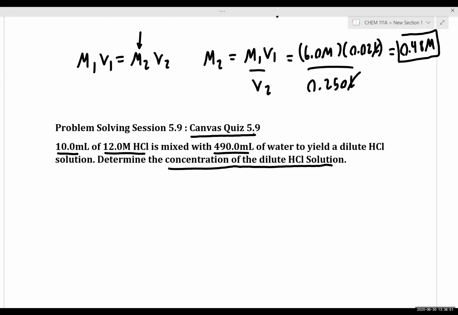Checking Canvas, we already have a fair number of correct responses.